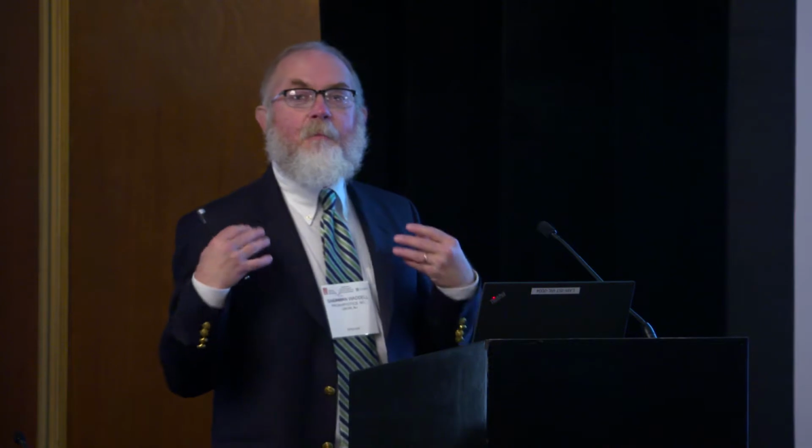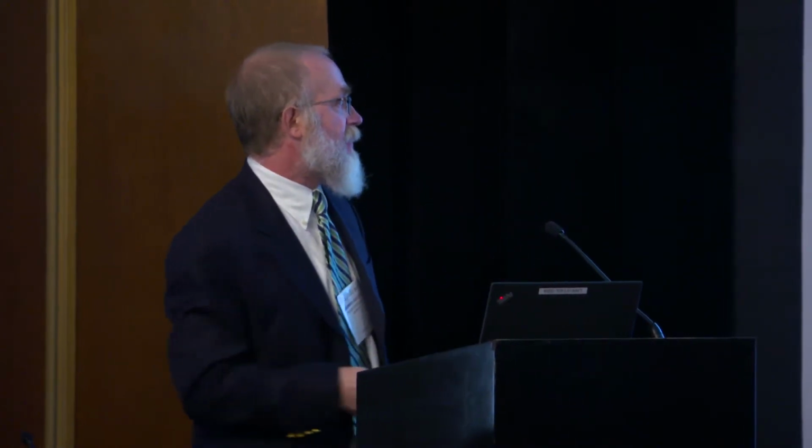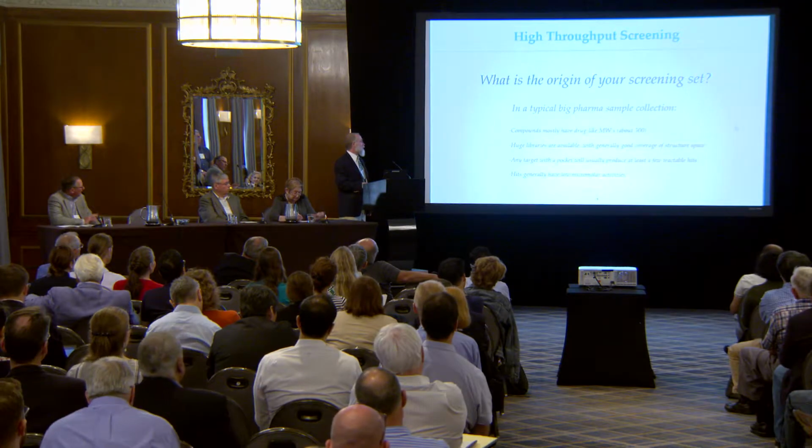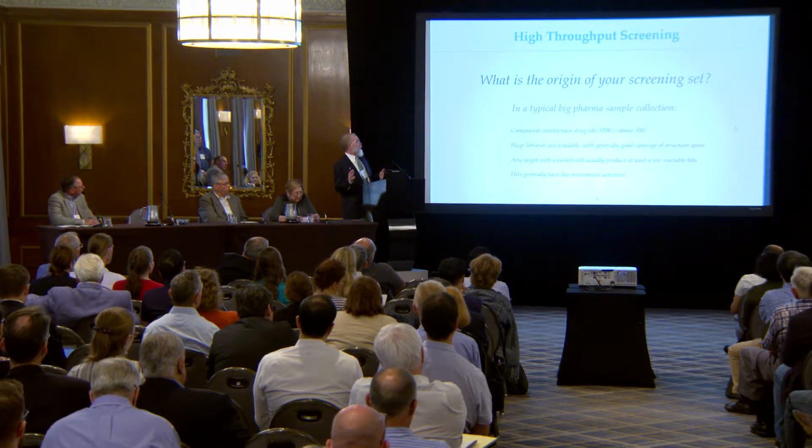And my experience is that if you are screening against a target that has a pocket, you'll probably find at least one useful tractable hit from a big pharma sample collection. So they're really big. You'll usually find something, and you'll usually find a hit that has maybe low micromolar activities, which is perfect to start a lead ID and lead optimization program.